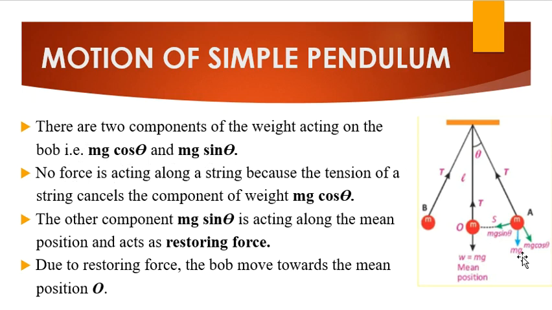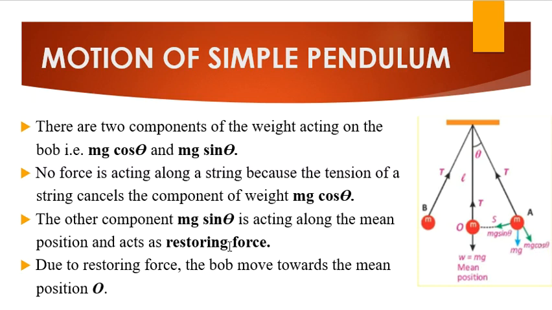Now if you look, there is no net force along the mg cos theta component because there is a tension, this is T, the tension in the string. The tension in the string cancels the component of the weight mg cos theta. You can see here the mg cos theta arrow is acting in the downward direction, whereas T, the tension in the string, is in the upward direction. So these two components cancel each other. That's why we don't have an mg cos theta component there.